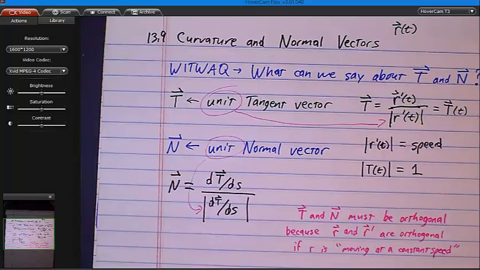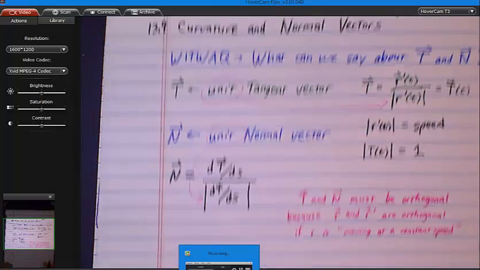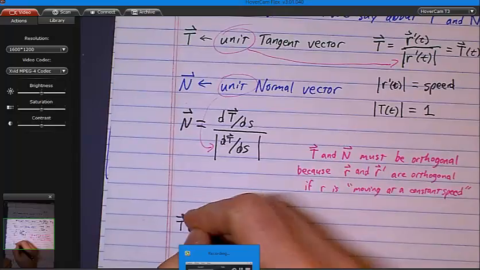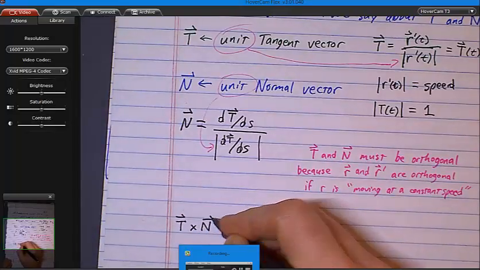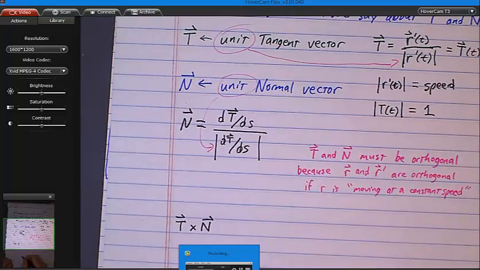Now, moving on, just to show you maybe one more little thing we can do here. Oh yeah, so I guess I have to restart that software at some point. But we're going to have the binormal vector, okay? And then we get what you might call a 3-frame. So your book says, okay, we're going to take the cross product, okay? So T cross N. What does that mean?